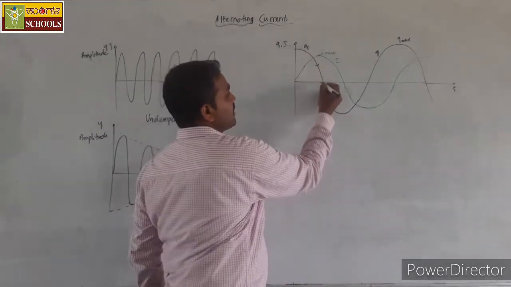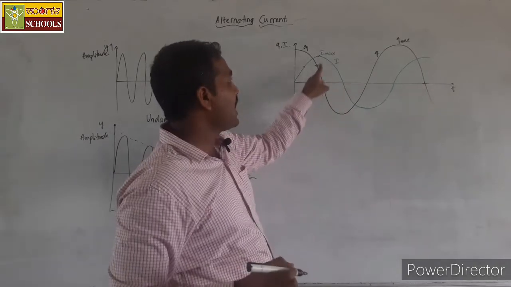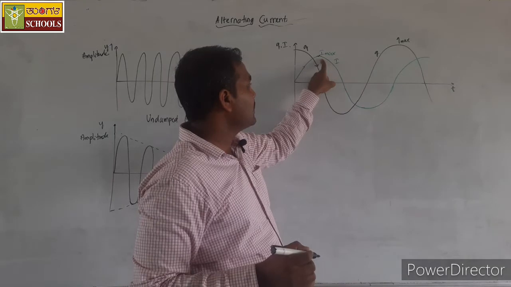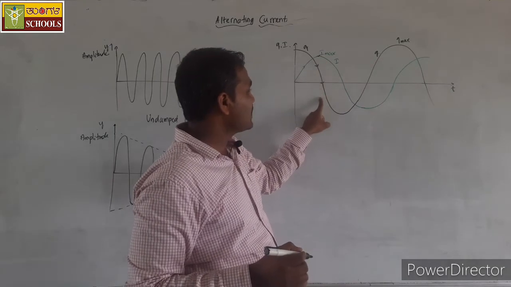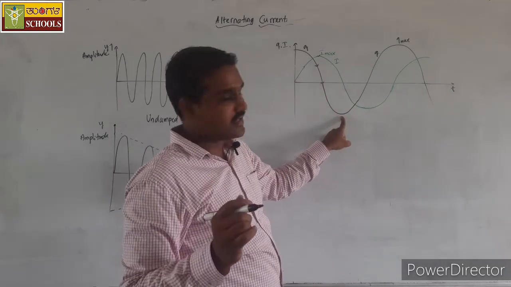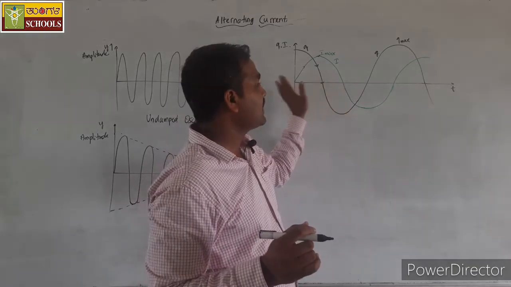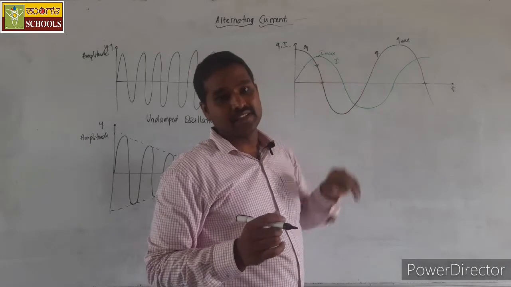When the charge in the capacitor is 0, we will have the maximum value of current. Then again the capacitor starts getting charged in the opposite direction. At that point the current value is 0, and the same cycle repeats like this.